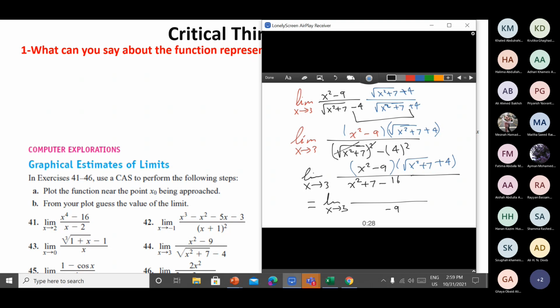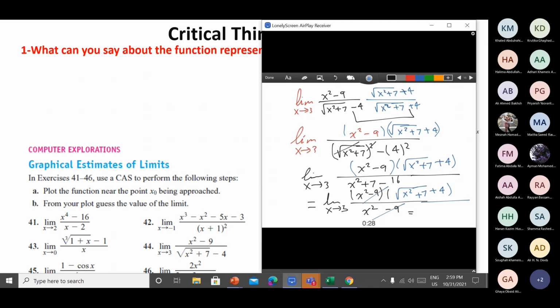Minus 9, right? So x squared minus 9. And I have here x squared minus 9 times root square of x squared plus 7 plus 4. Okay. I can cancel out this one with this one now, and I can substitute without any suspicion of having an undefined value.